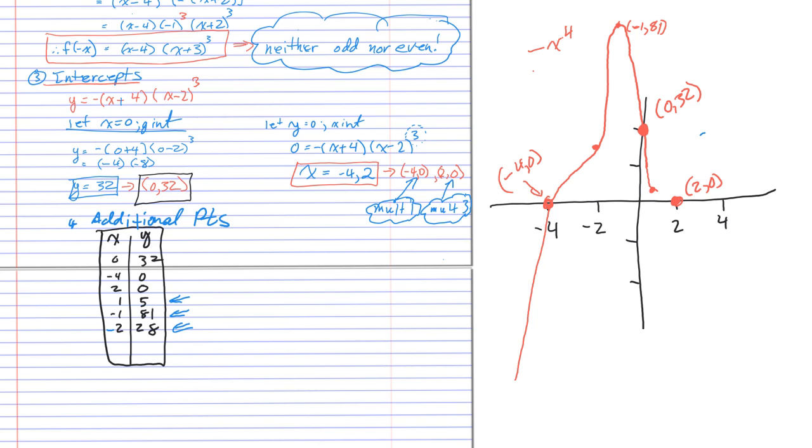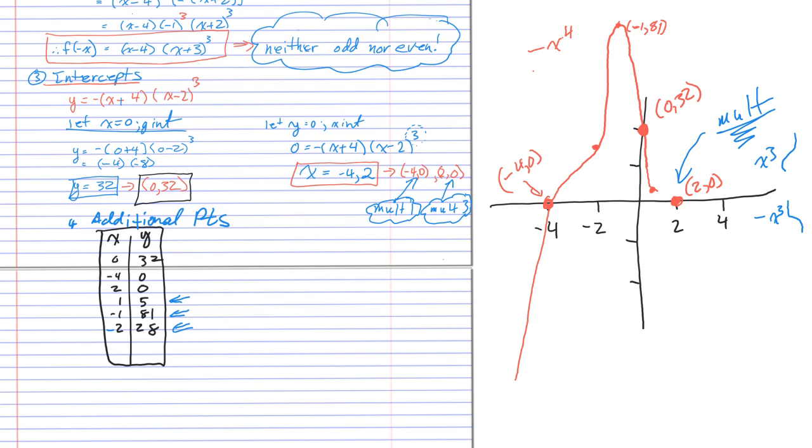this point here with multiplicity 3, we have to remember that with something that is x cubed, the graph kind of looks like either this, or if it's negative x cubed, it kind of looks like this. So it's kind of like an S shape as it crosses the x-axis.